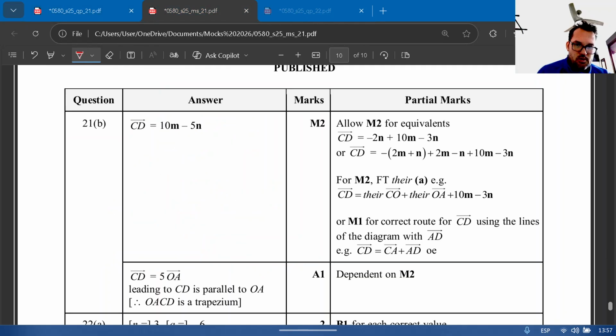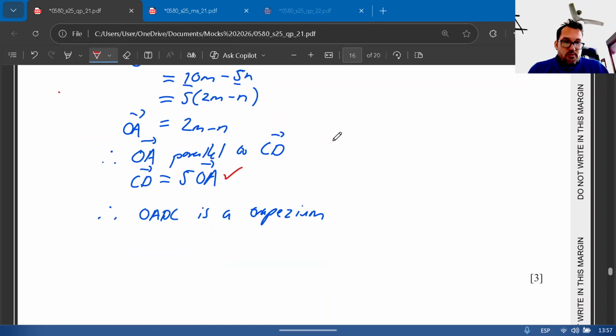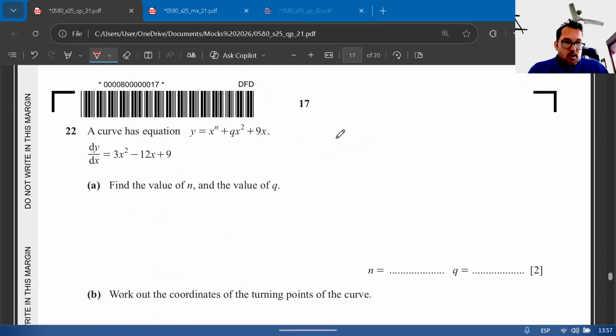You have to show it's 5 times. All of this is 1 mark, but the core is you show that it is 5. Quite a tough question, I have to say. The examiner's report says very few students got full marks here.